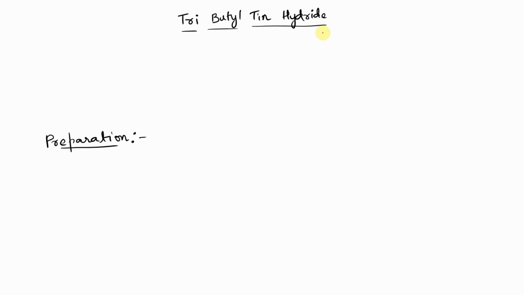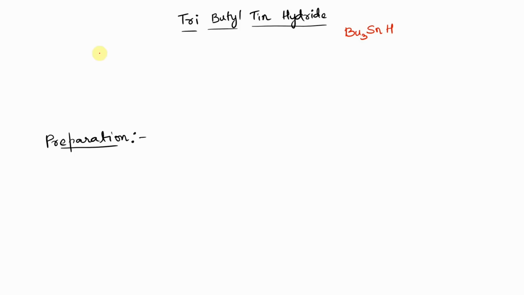So how do we write the chemical formula of tributyl tin hydride? The chemical formula of tributyl tin hydride is Bu3SnH. It is a very specific reagent which is majorly considered for the conversion of a nitro group into an alkane, alkyl halide to alkane, or in order to bring about a substitution of hydrogen.